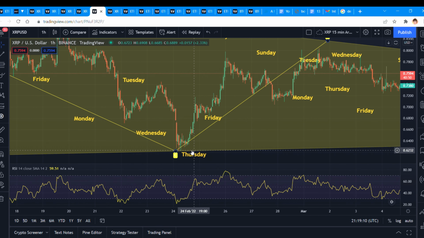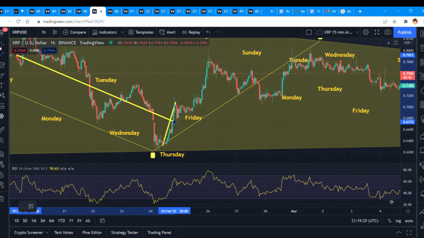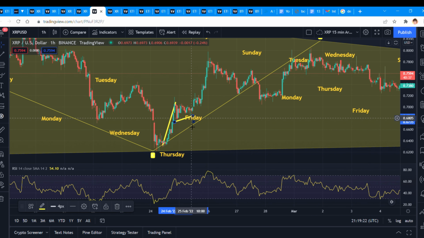Look at this. We're actually gonna look at this pattern here. So if we look at this first swing up, well, this is a bull pennant, because it goes a little bit like this. But let's say it were like this, because it's the same effect.